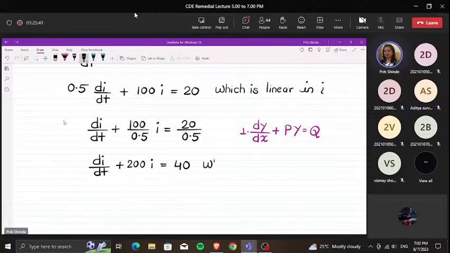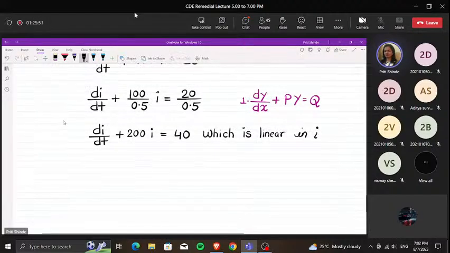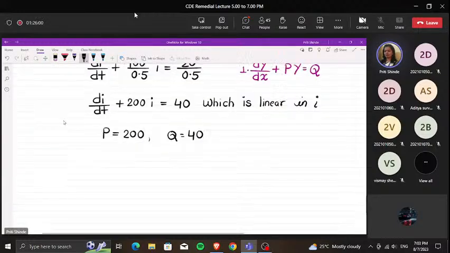Okay, which is linear in I. Okay. So write down P and Q, standard steps. So here P is equal to 200. Q is equal to your right hand side function, 40.